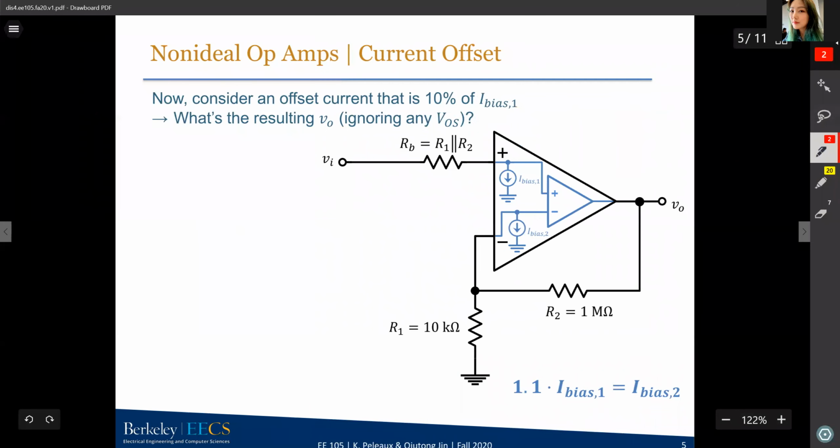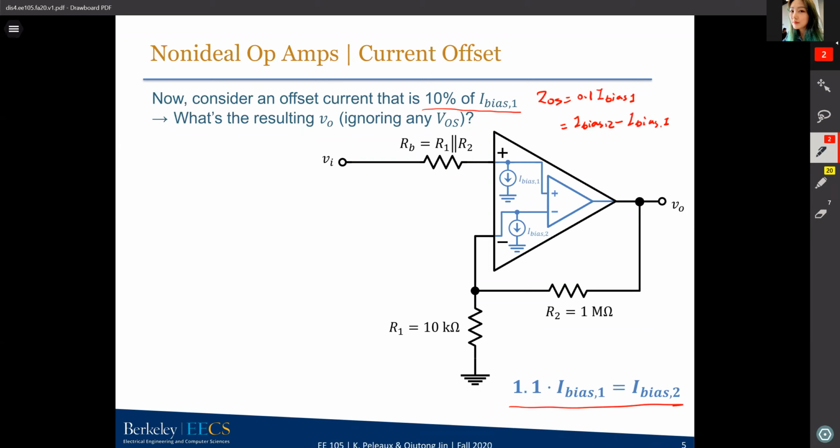Let's see here. So now consider you have an offset current. So IOS is 10% of I bias 1. That means your IOS is just 0.1 times I bias 1, equal to I bias 2 minus I bias 1. So you have actually I bias 2 equals 1.1 times I bias 1.